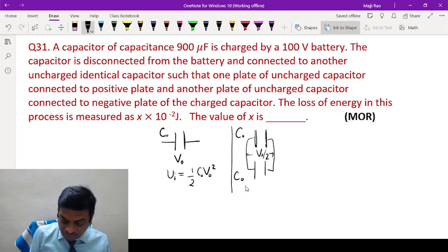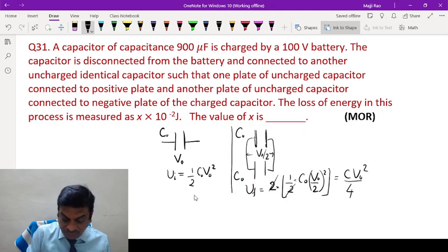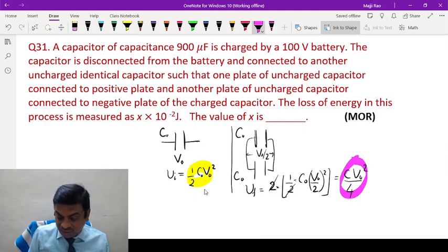So the new potential energy will be twice of each. And what is the potential energy of each? Half C naught into V naught by 2 whole square. So this 2 gets cancelled. We are left with C naught V naught square by 4. So as you can see, this is the initial potential energy, whereas this is the final potential energy. So the difference in energy is the loss in energy.